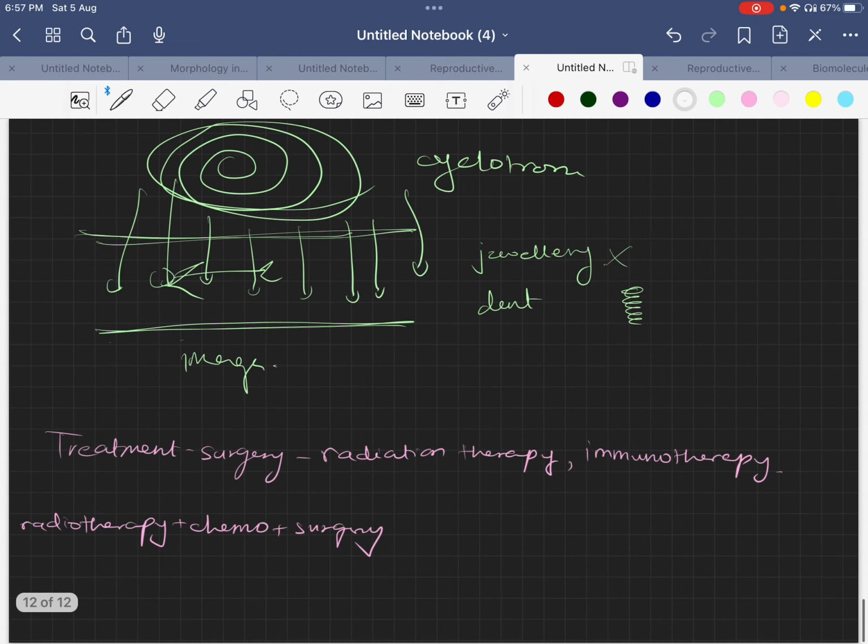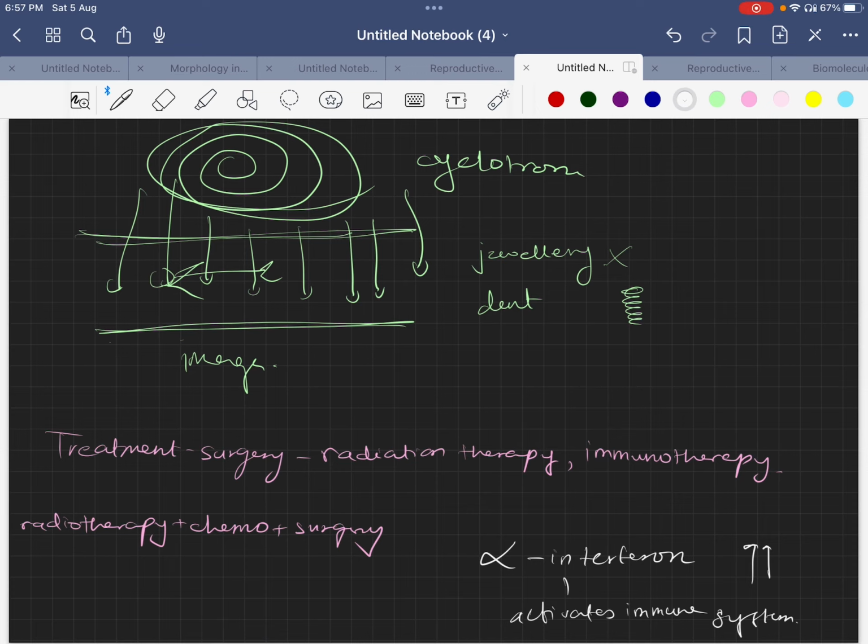So what does alpha interferon do? It activates the immune system to increase the response of our immune system to these tumor cells.